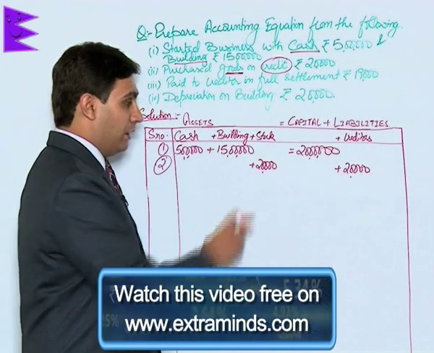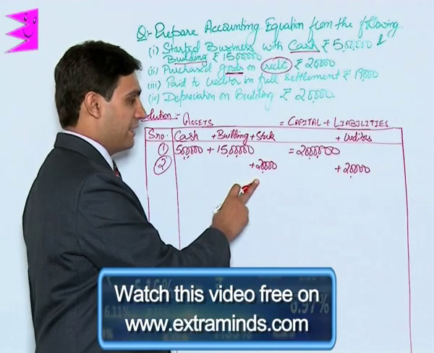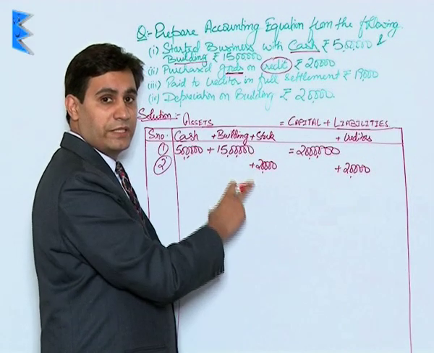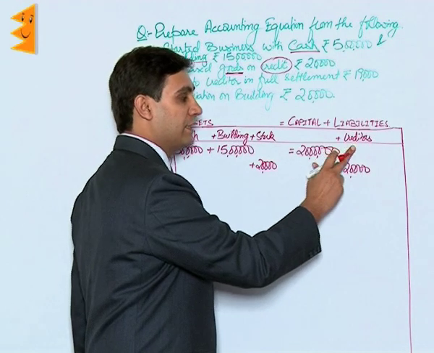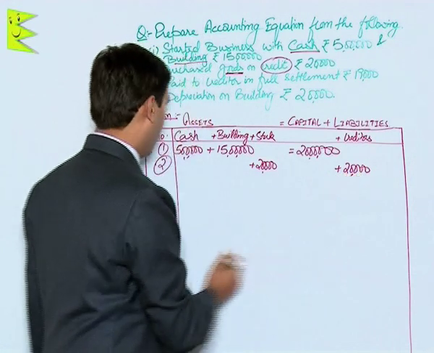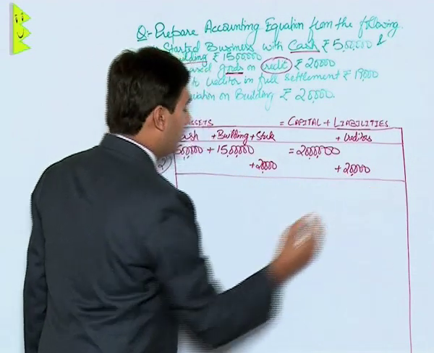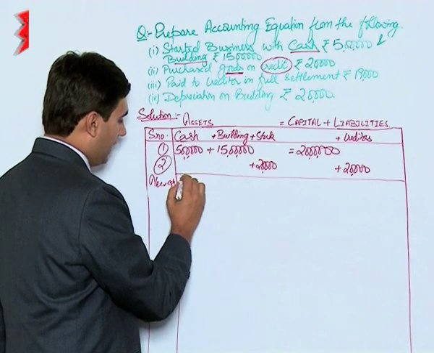Just to remind again, we have purchased stock worth rupees 20,000. That means our assets under the category of stocks will increase by 20,000 and there will be a corresponding increase in the liabilities of rupees 20,000. Totaling both the sides, we can check that the total is same.